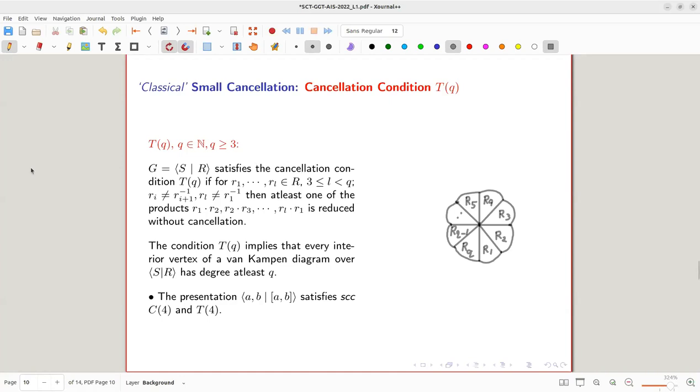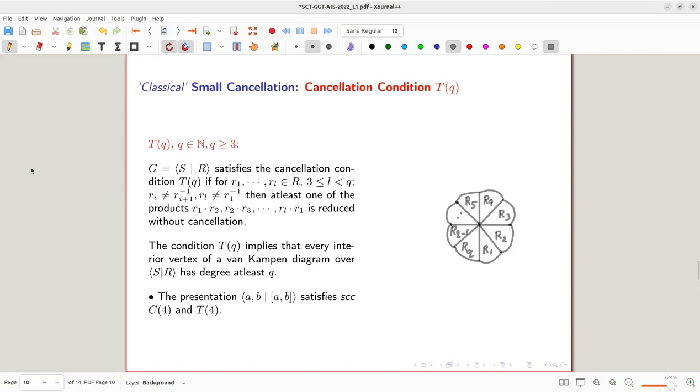If they are equal, what will happen? This entire part of the disk will become a line, so these two will come together. Suppose this is R6. Suppose R4 is equal to R5 inverse.